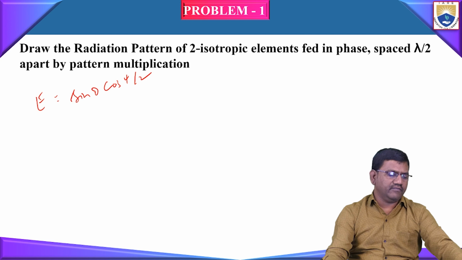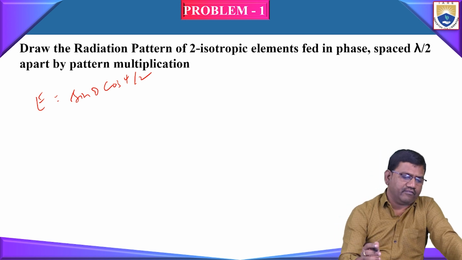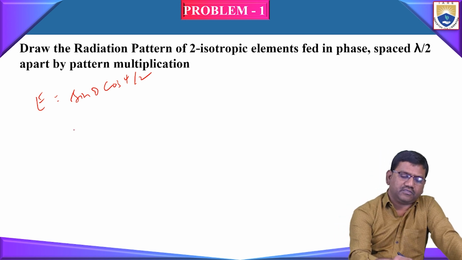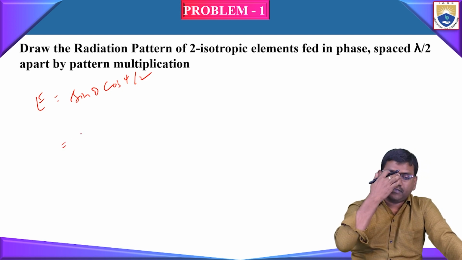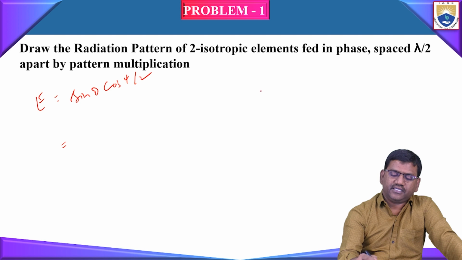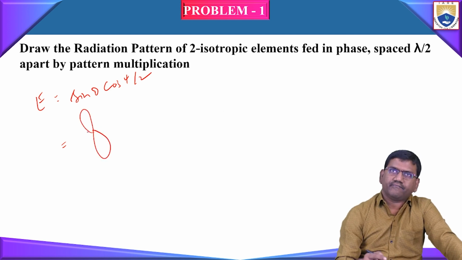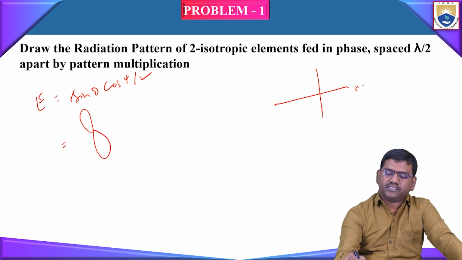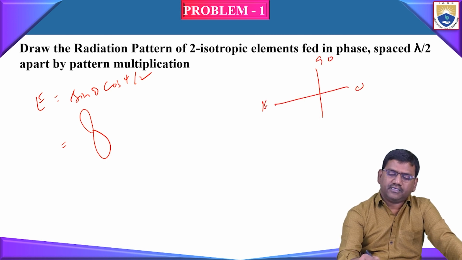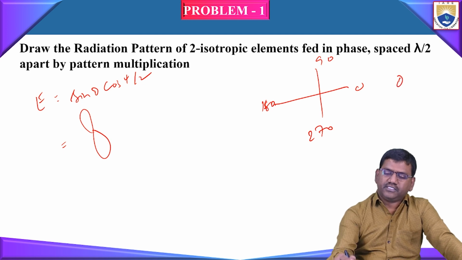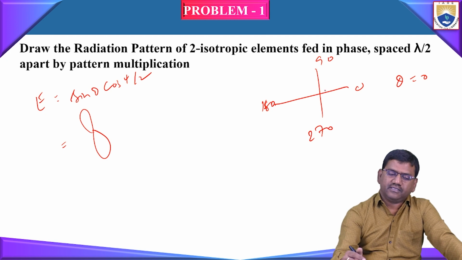According to the function, let us first consider sin theta. The radiation pattern will be like this. Why? Because this is 0, this is 90, this is 180, and this is 270. If theta is equal to 0, what is the value of sin theta?